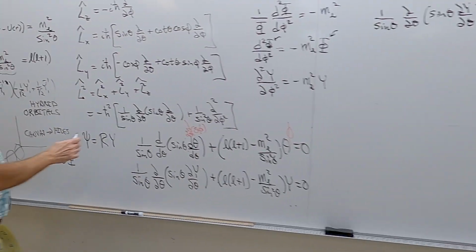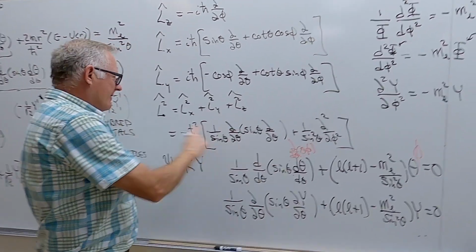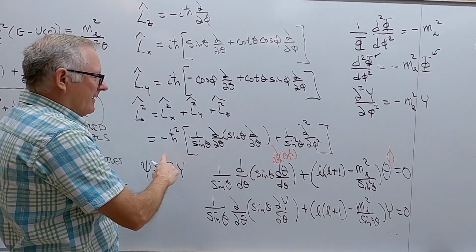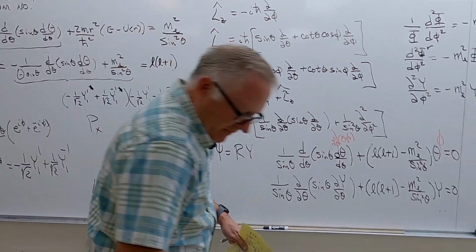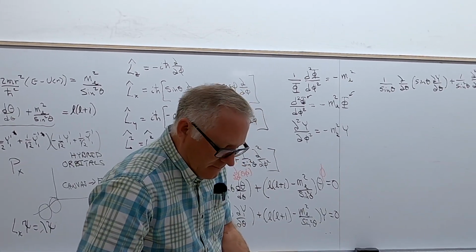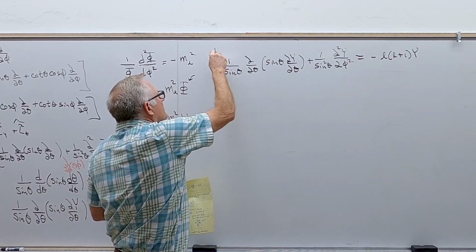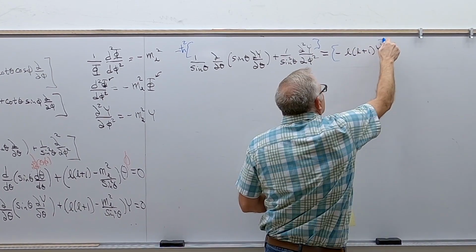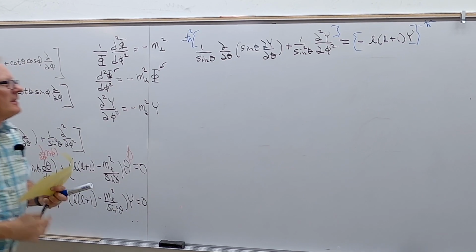Now you'll notice this equation right here. If I were to act L squared on y, it would give me almost this right here. Matter of fact, let's multiply both sides by minus h bar squared. If we multiply both sides by minus h bar squared, what do we end up with?